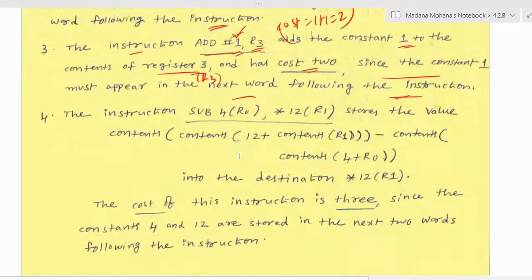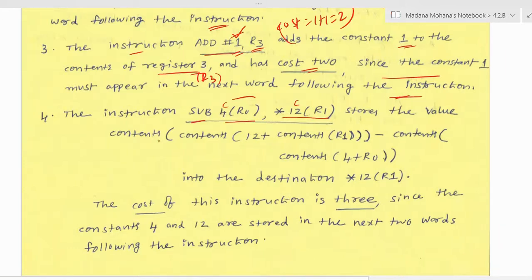Then another instruction is of the form subtraction: sub 4(R0), *12(R1). Here this is c(R1) with c equal to 12, and c(R0) with c equal to 4. Now we have to subtract these two.